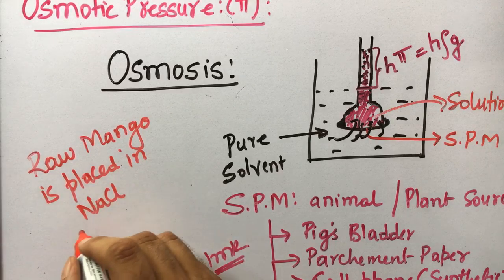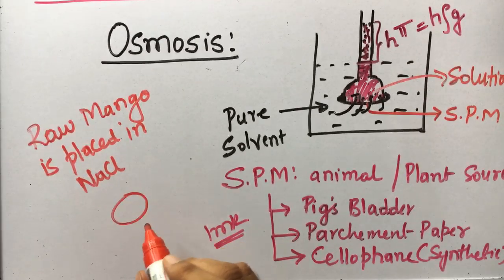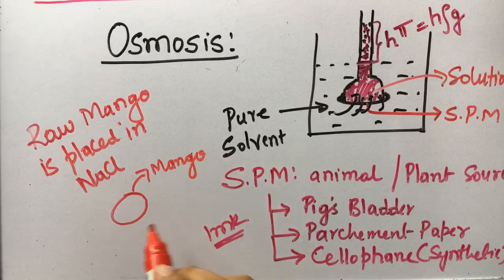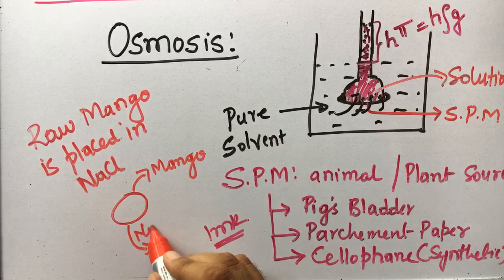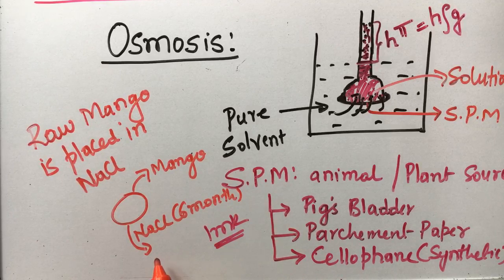You know that after some time, if this was the original size of the mango, and when you keep it in NaCl, maybe after 6 months, what would happen to the size of the mango? Would it swell, or remain as such, or would it become small, would it shrink? You might have seen at home, it would shrink and get this shape. Why has the mango's size shrunk?